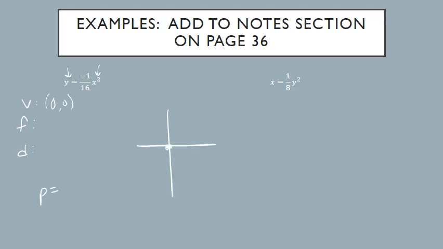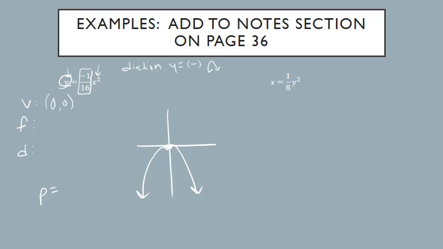And I also need to know the direction. So the direction we get from what it starts with, which is y equals. So since it's y equals and then 1 over 4p is negative, that means it's going to face down. Okay, so we're just going to draw a random down parabola, and I know this goes against what I talked about with the other ones, but this is perfectly fine for this particular equation setup.